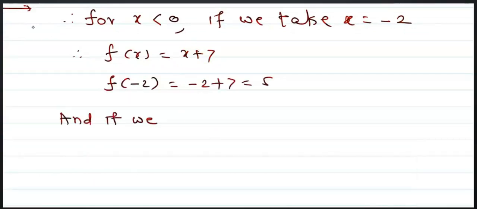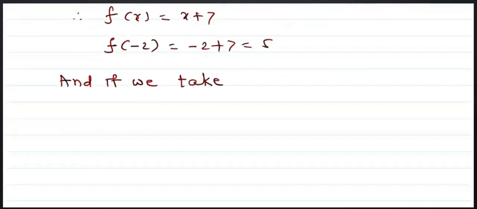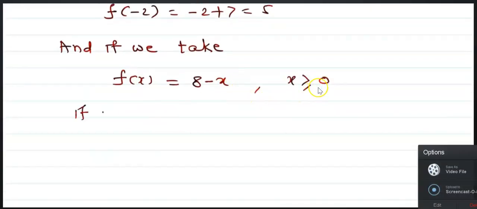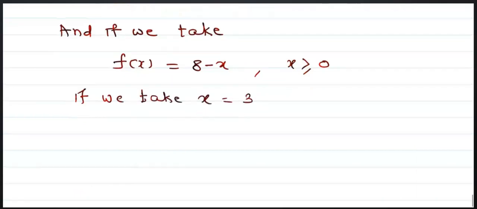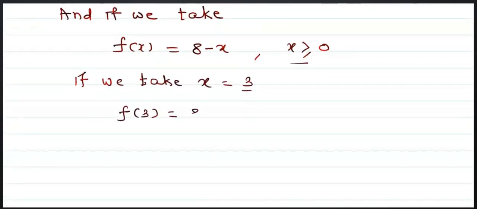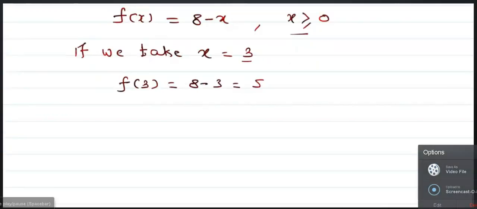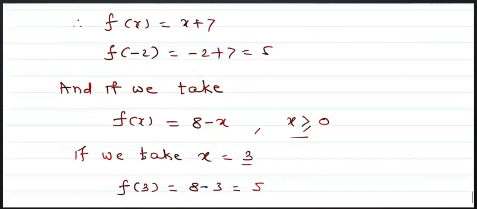And for the second function, where x is greater than or equal to 0, if we take x equal to 3, then you will again have the same image, that is 5.